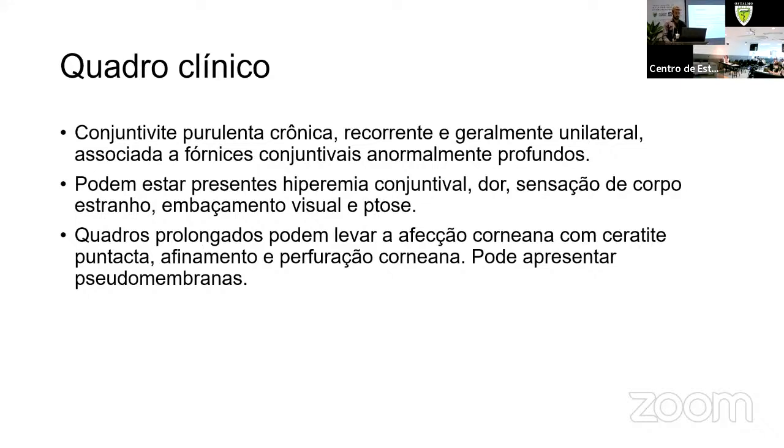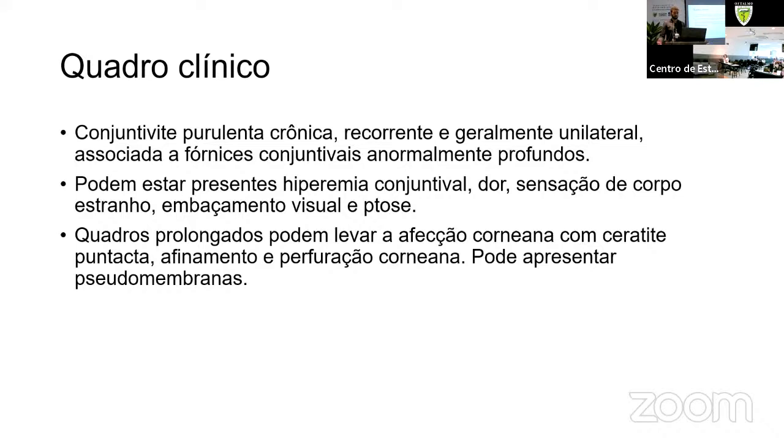About the clinic of the patient, it's a chronic purulent conjunctivitis. It's recurrent. It's usually unilateral, but it can be bilateral, and it's associated with deep conjunctival fornix. It may present regular symptoms of conjunctivitis like red eye, pain, foreign body sensation, blurry vision, and in this case, ptosis.